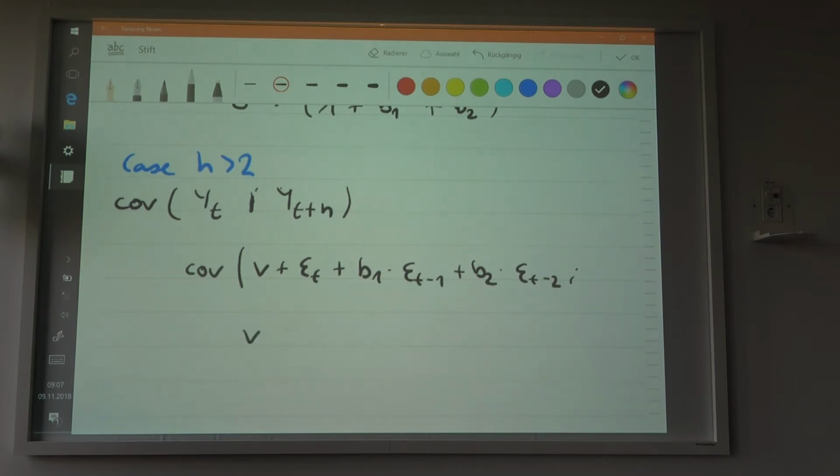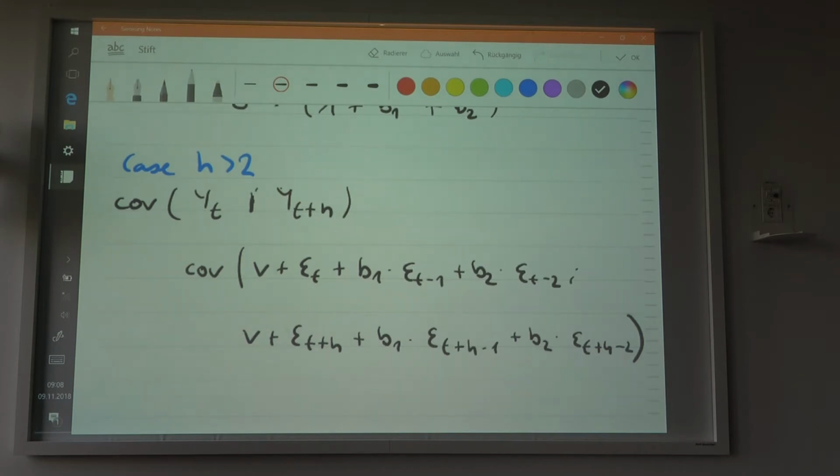And the second expression is the constant plus the white noise at point t plus h, plus B1 times the white noise at point t plus h minus 1, plus B2 times epsilon t plus h minus 2. So h is greater than 2.